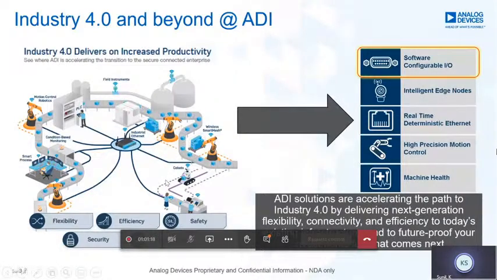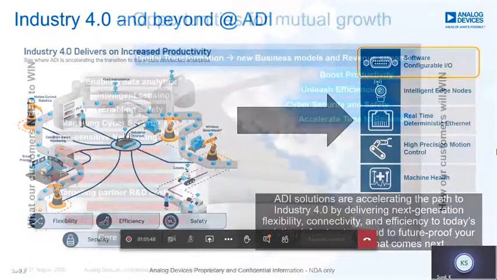And if you look at the fundamental theme across these technologies, especially when we talk about software configurable I/O, it's all about bringing multiple levels of flexibility, efficiency, safety, which cannot be compromised at any cost, and also security and rugged, robust communication, right? So now we will get into a one level below, deeper dive into what ADI means by software configurable I/O.